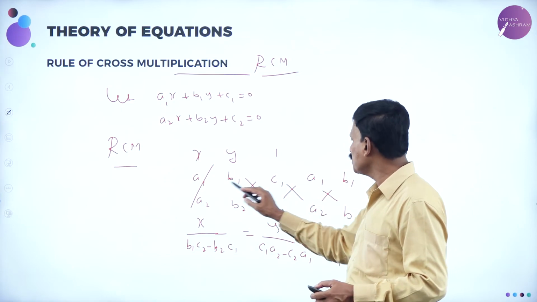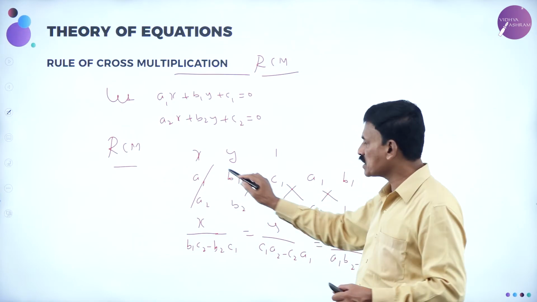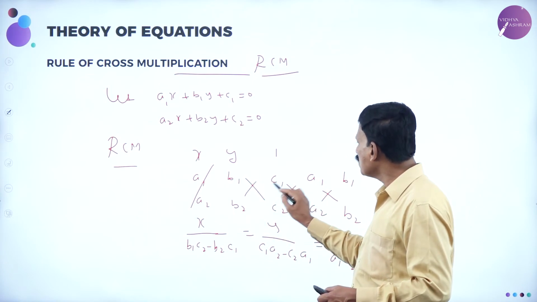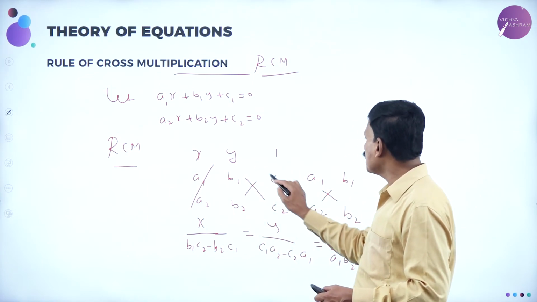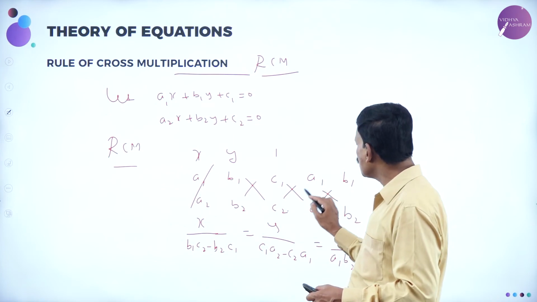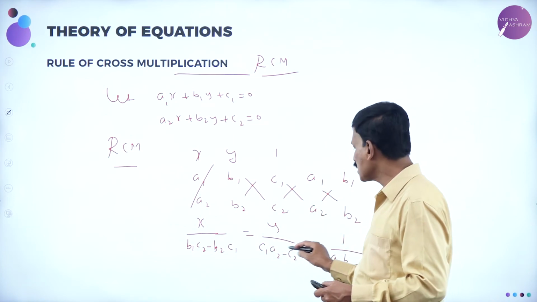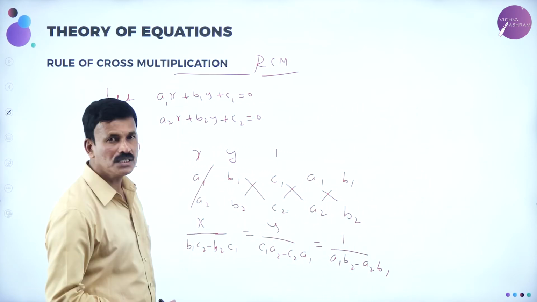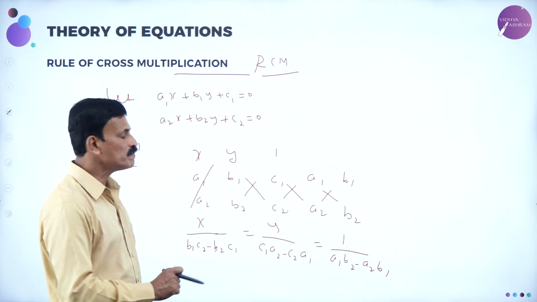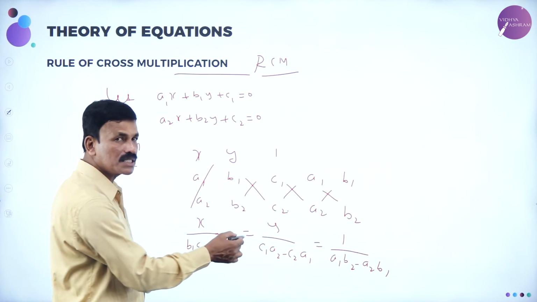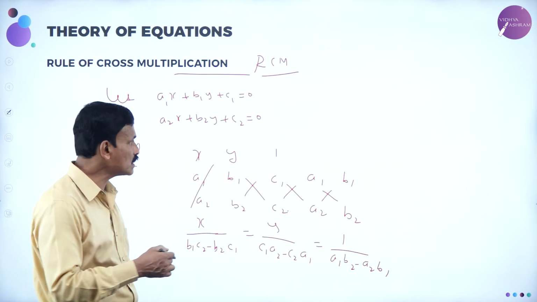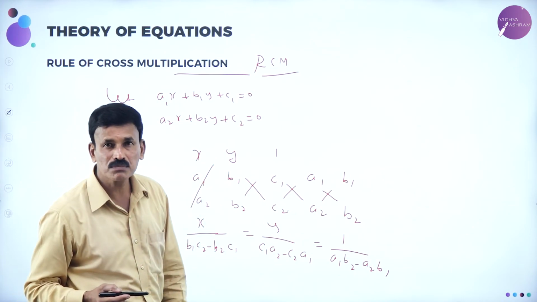Repeat first two, a1, a2, b1, b2, strike the first line below x, cross multiply: b1 c2 minus b2 c1 is equal to y divided by c1 a2 minus c2 a1. After multiplying two elements, just subtract, is equal to 1 divided by a1 b2 minus a2 b1. Equate first and last and second and last, and you will get the value of x and y. This method is called the rule of cross multiplication.